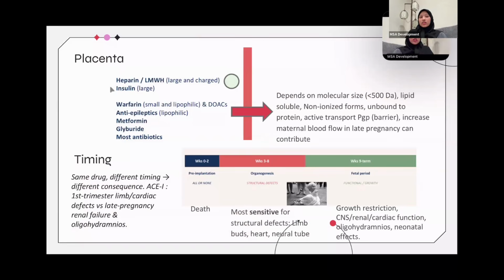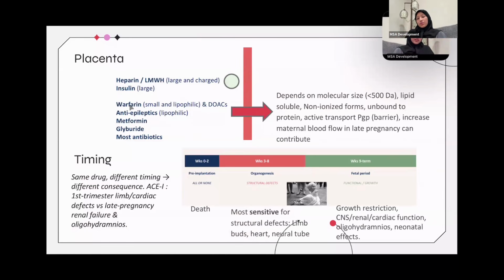So we said considerations for the placenta: molecules or medications that are small in size, lipid soluble, non-ionized, non-polar, not bound to protein, and increased maternal blood flow. All of these contribute to passing through the placenta.